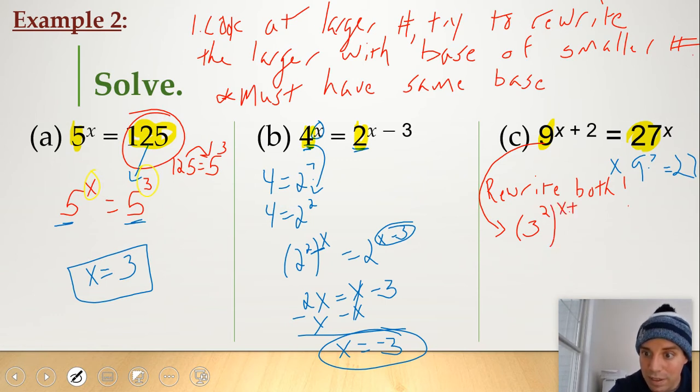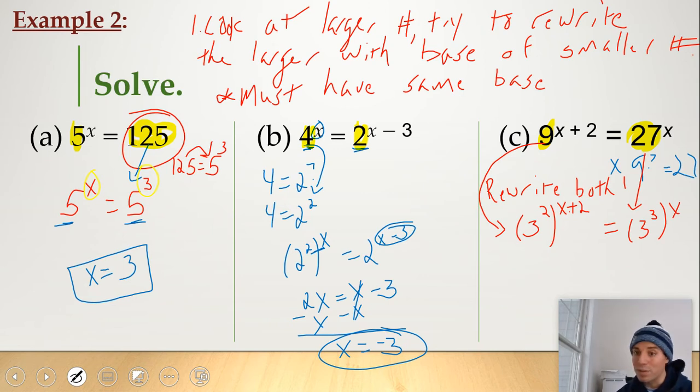Don't forget what's on the outside of the parentheses. So 3 squared is 9. And 3 cubed is 27. So I've rewritten both of them in terms of a common base of 3 here, because there was no way to write 27 in terms of a base of 9.